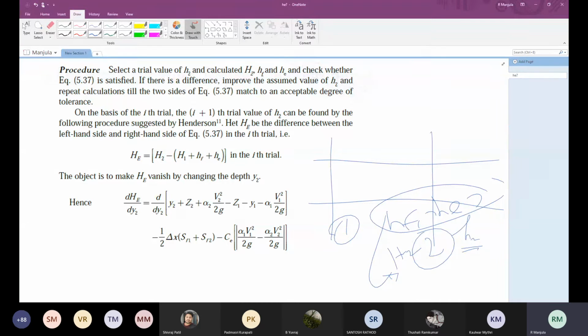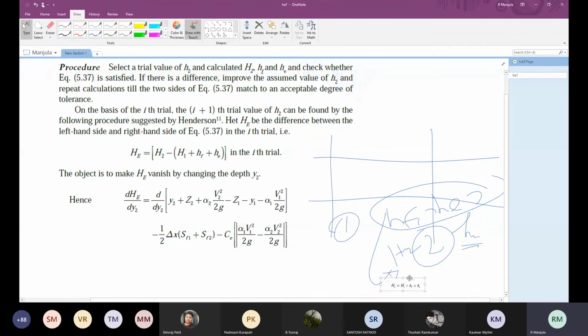Your energy equation. This is going to be your equation.